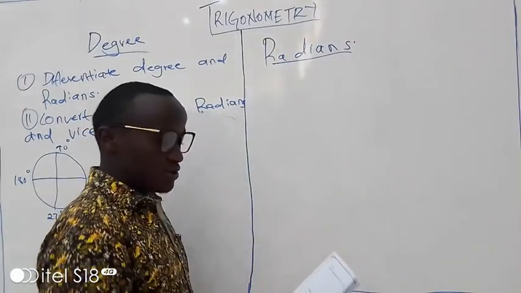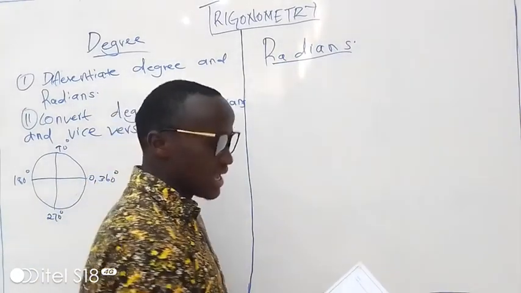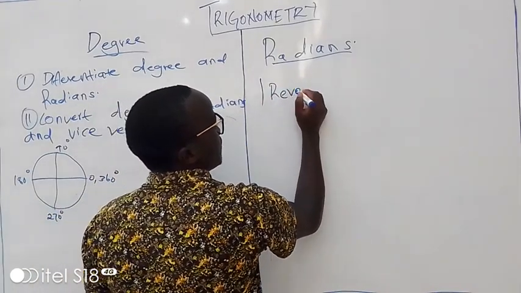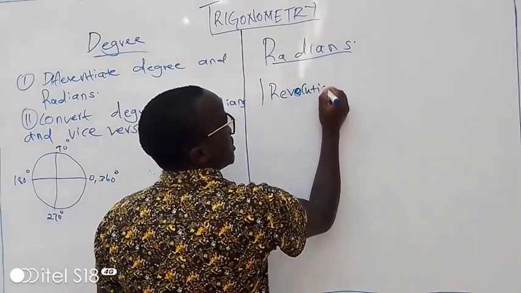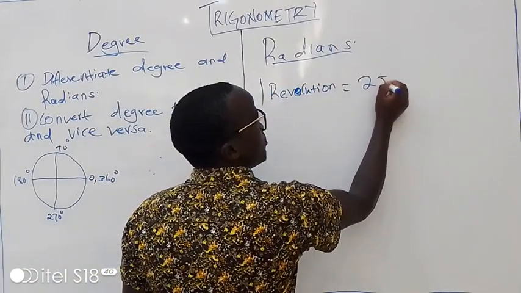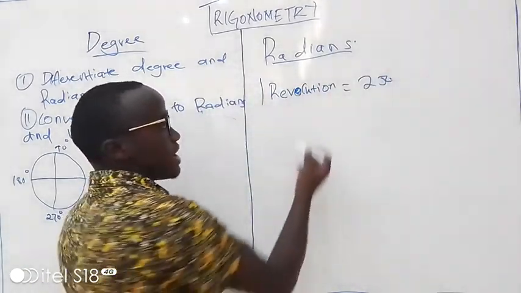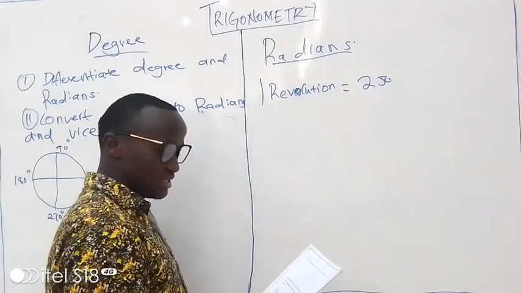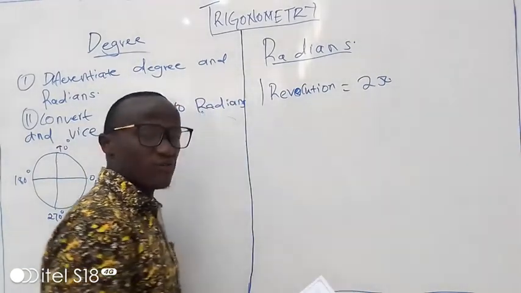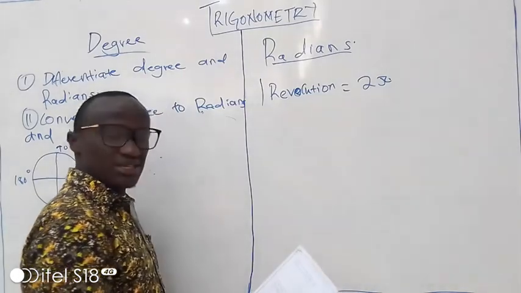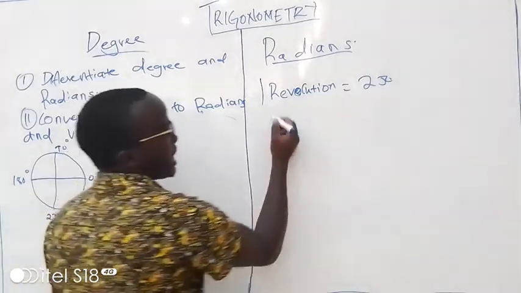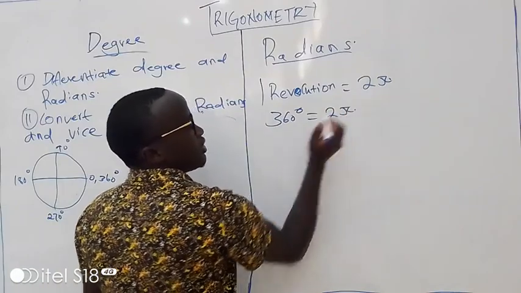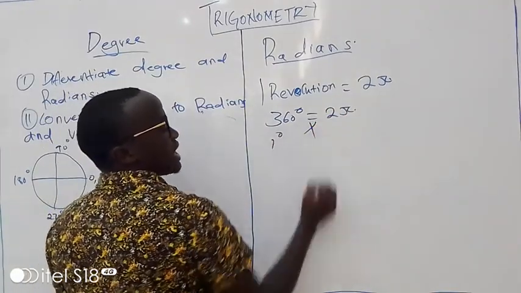Now we can look at radians. One revolution is measured in radians as 2 pi. This is one revolution, and we know that one revolution takes 360 degrees. How can we convert this? It is easy: 360 degrees is equivalent to 2 pi. What about 1 degree? We can cross multiply.